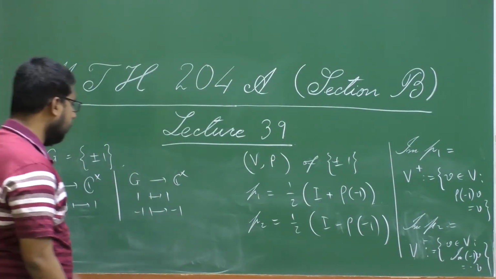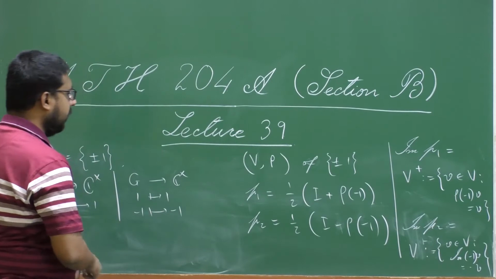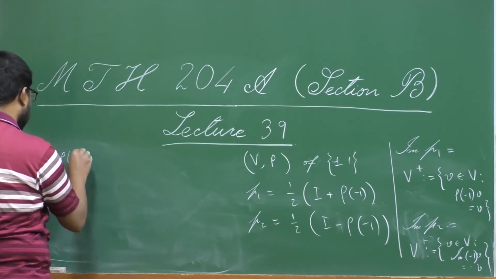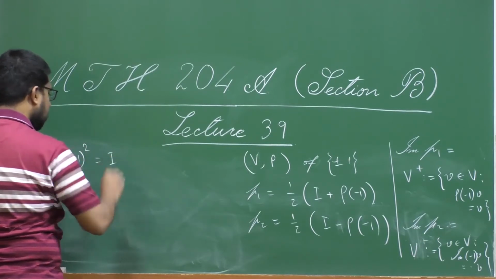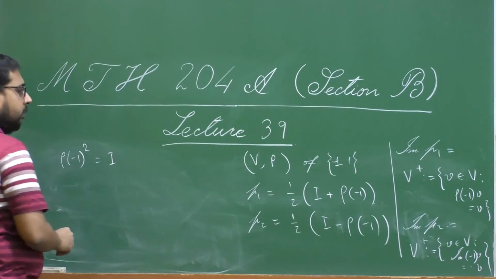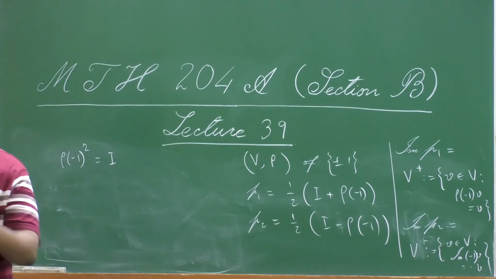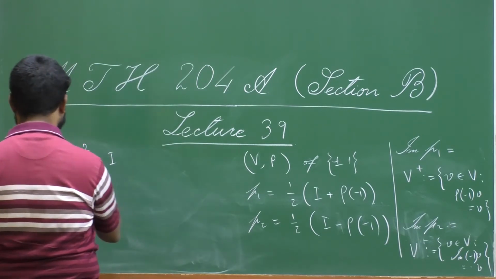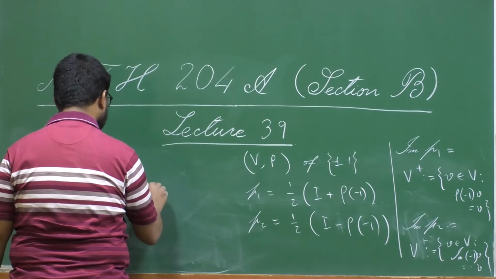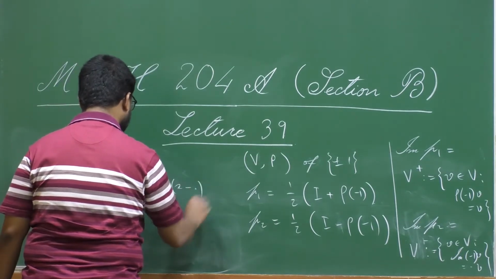Another way of looking at this: as I said, we essentially have exactly one operator, rho of minus 1, which has this property. Therefore its annihilating polynomial is x squared minus 1, that is, x plus 1 times x minus 1.